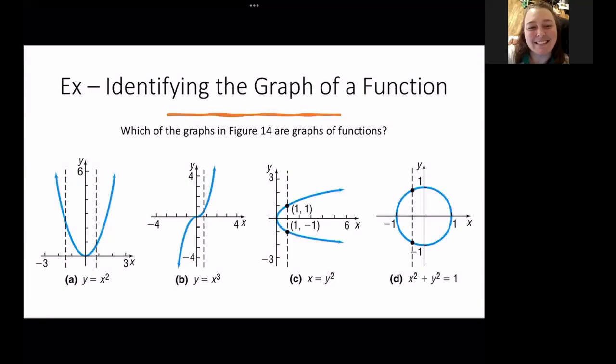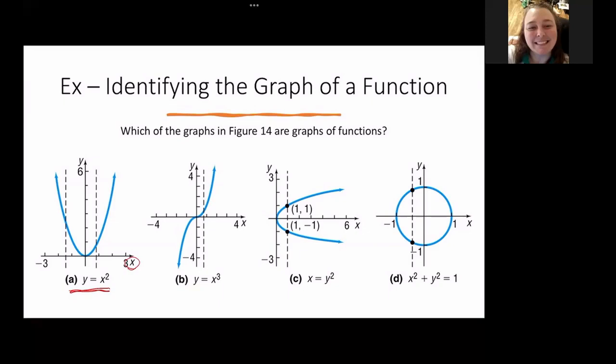Okay, so let's take a quick look at a few different graphs and see if we can determine which ones are functions. For A over here, we have y equals x squared. Remember, we want to know that for one x, there's only one y.